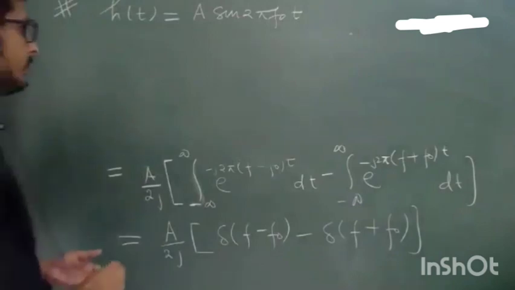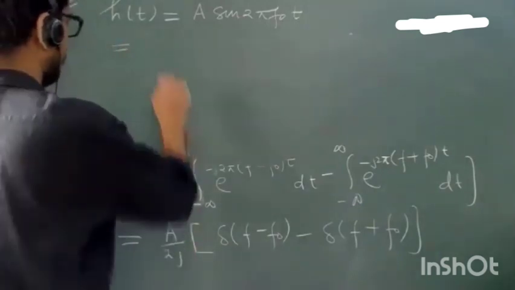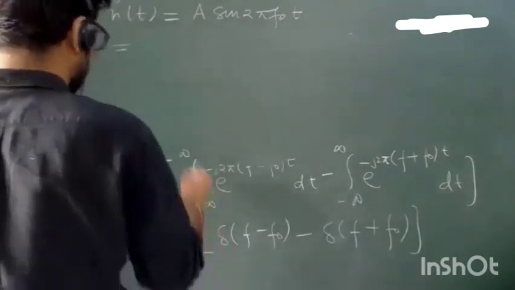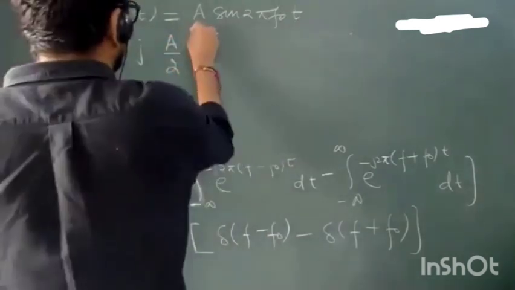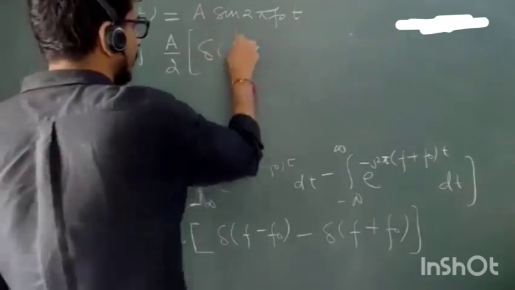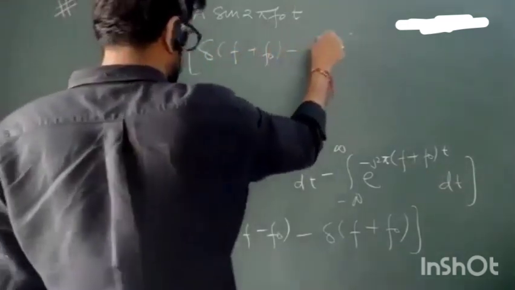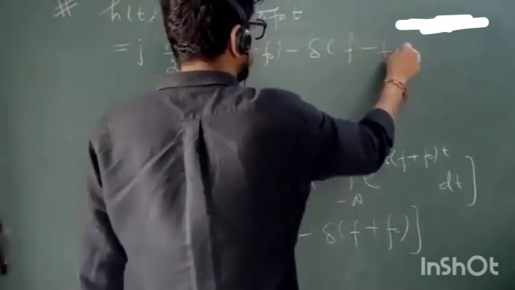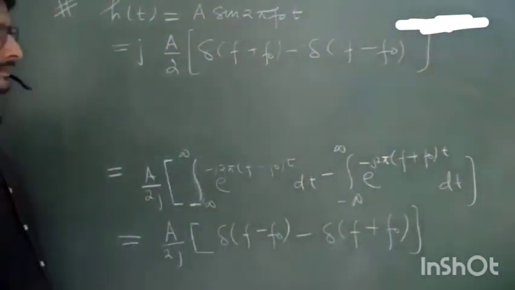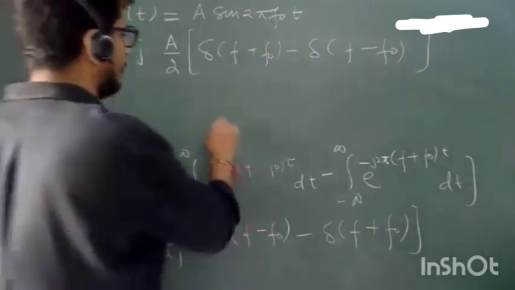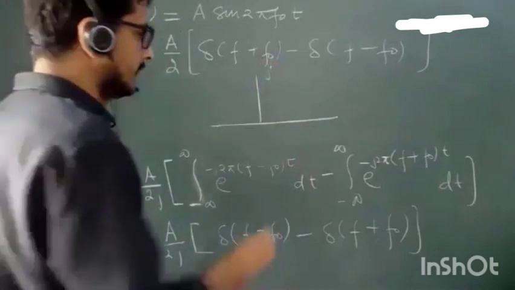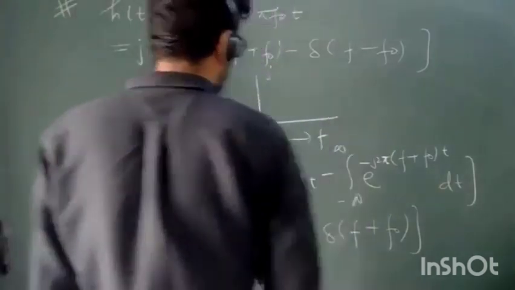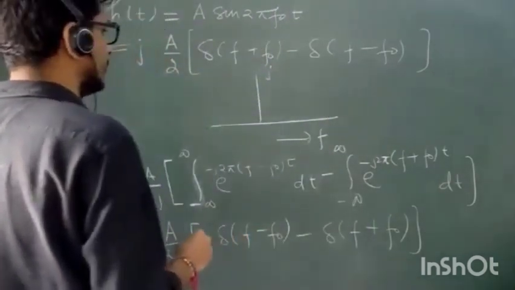Now this will become, if you write it properly, j into A by 2 into delta function (f plus f naught) minus delta function (f minus f naught). And if I plot this, taking this as imaginary axis and this as f, what will I get?